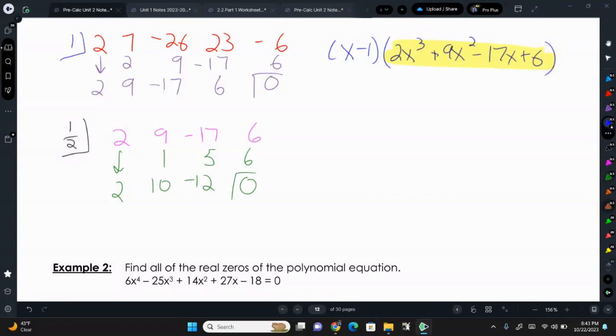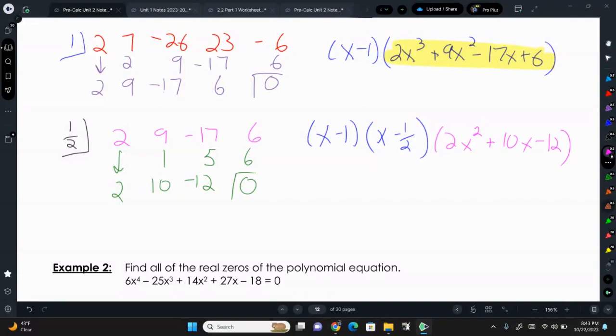So now I'm going to come over here and write this as x minus 1 times x minus 1/2. And we're going to fix that in a minute. And then we have 2x squared plus 10x minus 12.